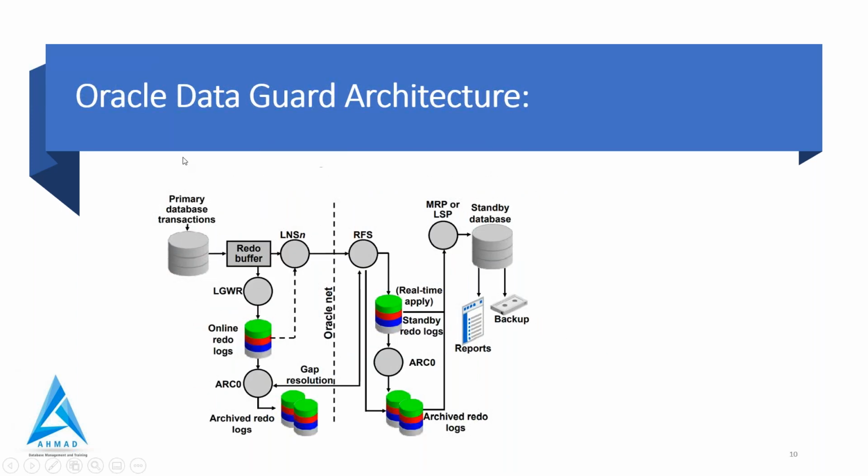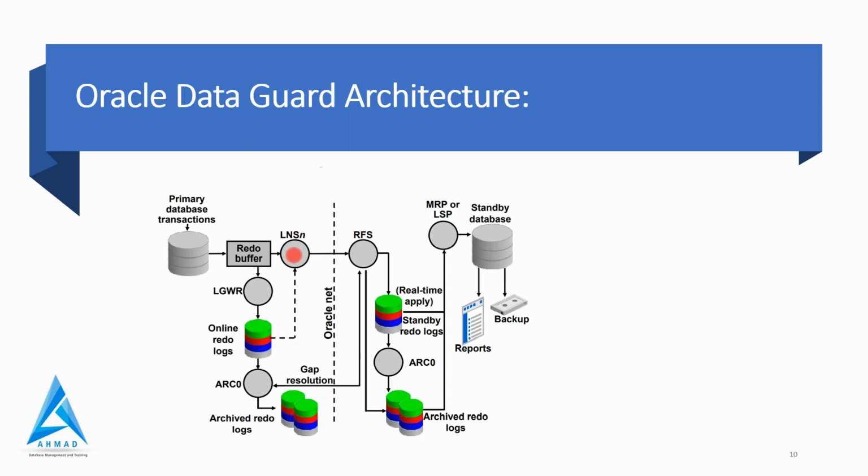Now, this is the overall internal architecture of Data Guard, which has everything. You have the primary database, and you can see there is a redo buffer, then LGWR, then online redo log file, then ARCn, then redo log file.